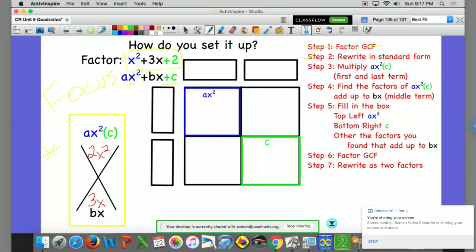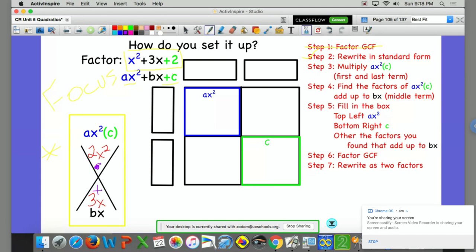Now, the key part of the big X is that you're trying to find factors that will multiply to give you the top, but add, that's somewhat of an addition sign. Oh gosh, it's a little harder than you think. But we'll add to give you the bottom. And so that's the key part of that big X.